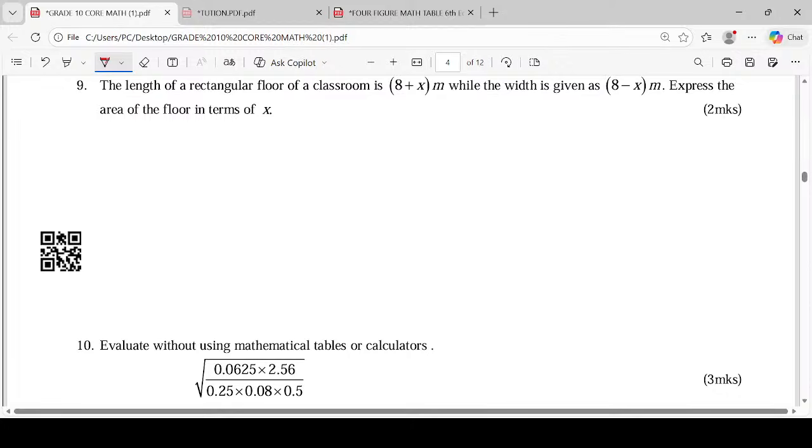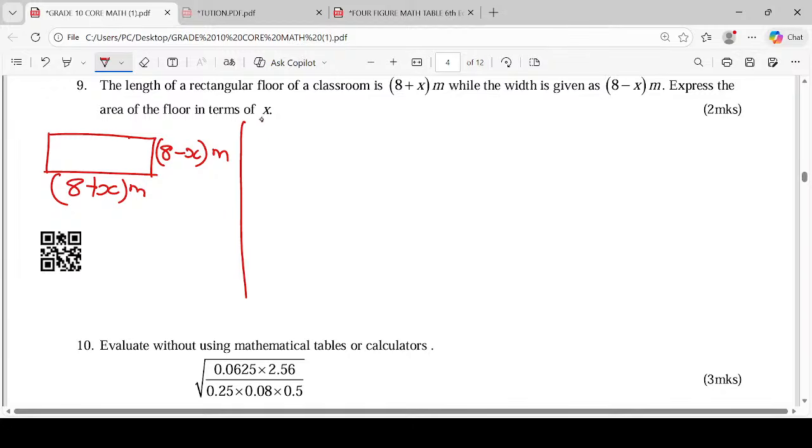So it's a rectangular floor, ladies and gentlemen. This is the rectangle. Then the length is 8 plus x meters. I want you to be very keen. The width is 8 minus x meters here. Then you're being told to express the area. First of all, you need to know the formula for computing area, whereby area is given by length multiplied by width. The area here is 8 plus x multiplied by the width, which is 8 minus x.